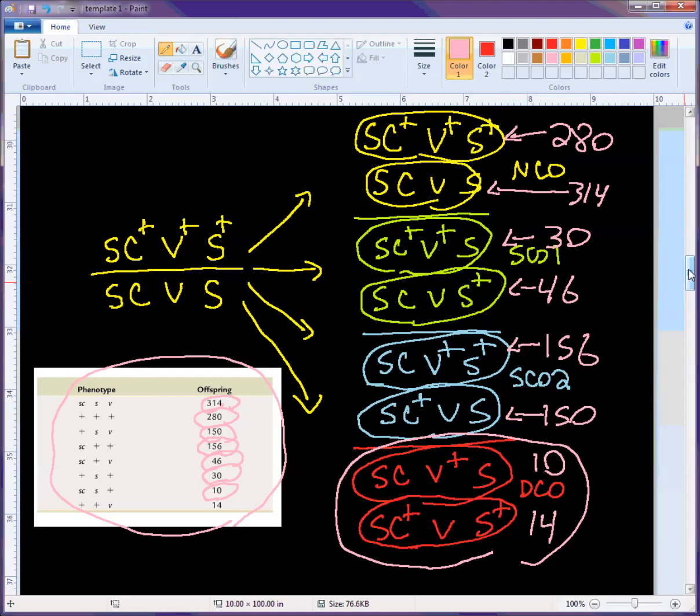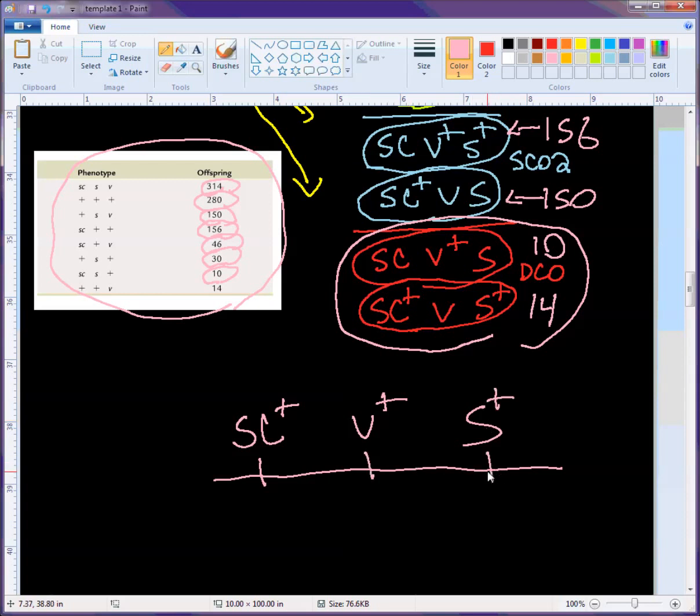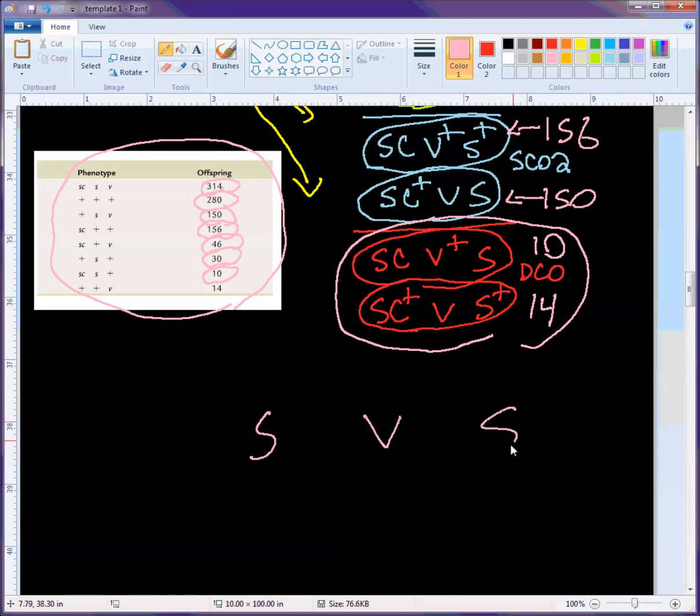Okay, so this is the right order. So SC, I can put plus, I don't have to put plus, but I'll put pluses, V and S. So our map looks like this. We could also put S, and that's the same as writing S, V, SC, because it doesn't matter.